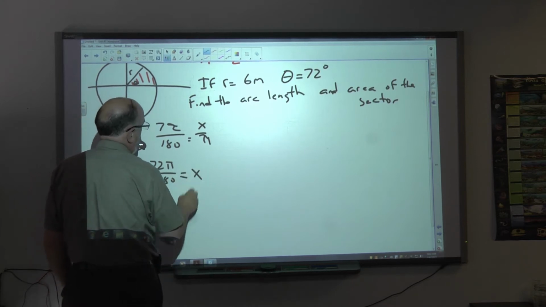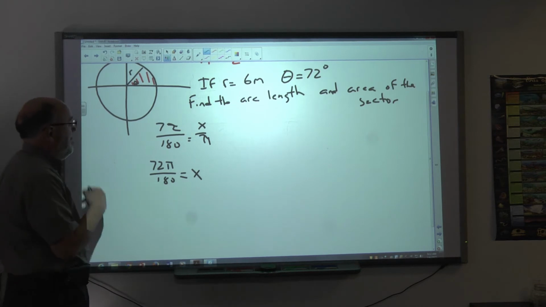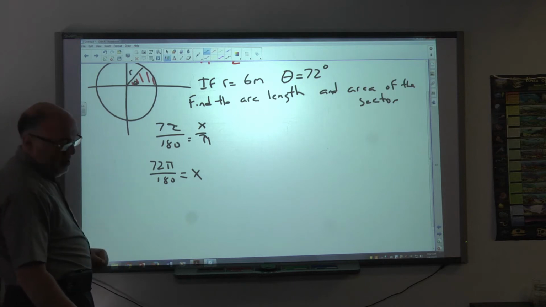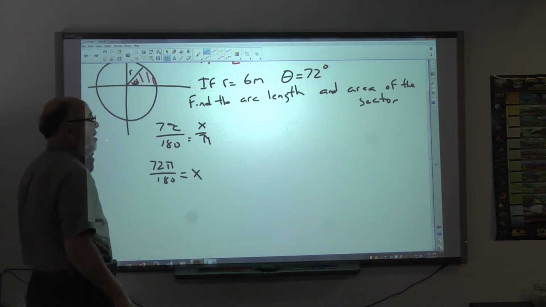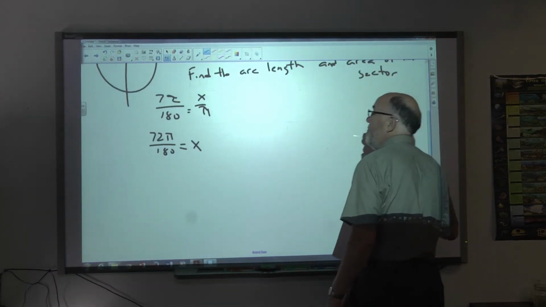In this case, I'm not going to bother simplifying this, because I really don't want that as an answer to the problem, so I never worry about simplifying that fraction, because I can just plug it in the way it is into our next step. And so first off, the arc length, which is r times theta. Okay?